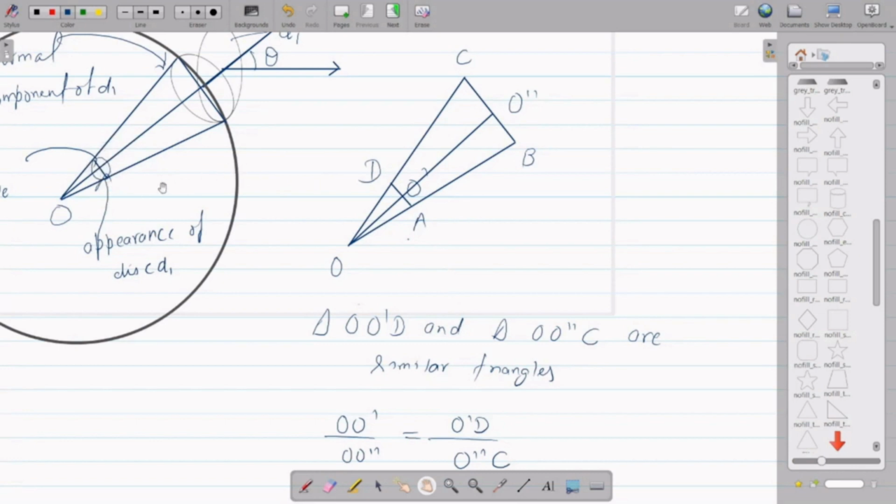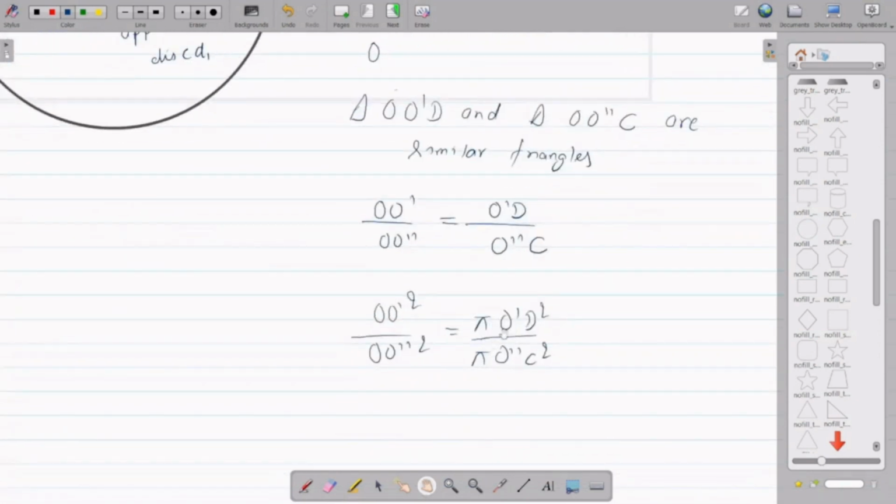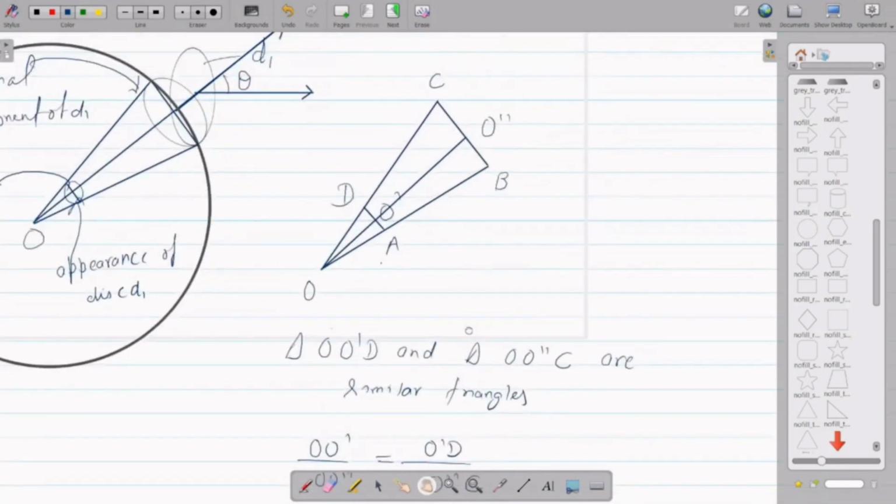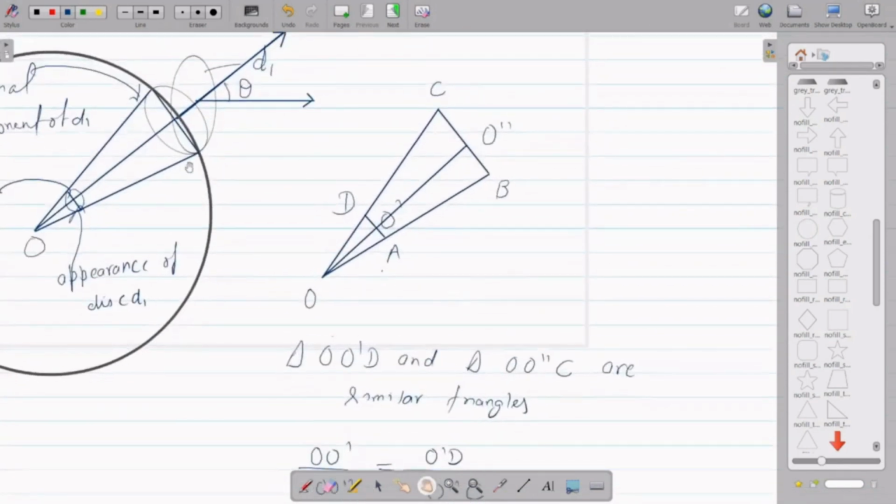And if you multiply with pi, then it gives you the surface area of this small surface element, right? So let's suppose this is dA, right? And here this pi O double dash C square, that will give you the surface area of this disk, right? Now I need to do some small calculation here.